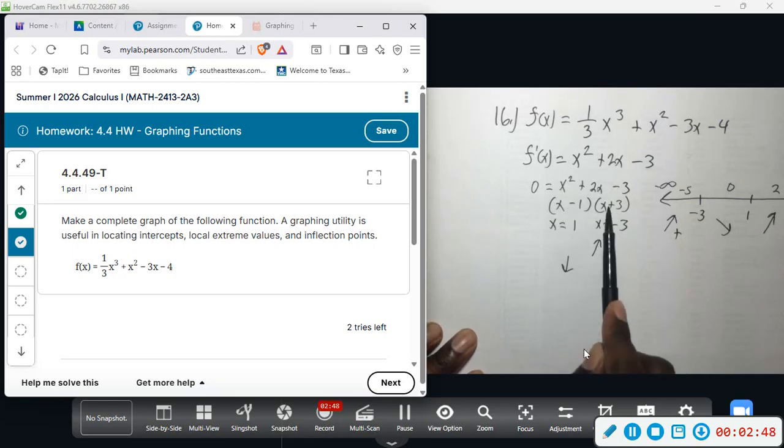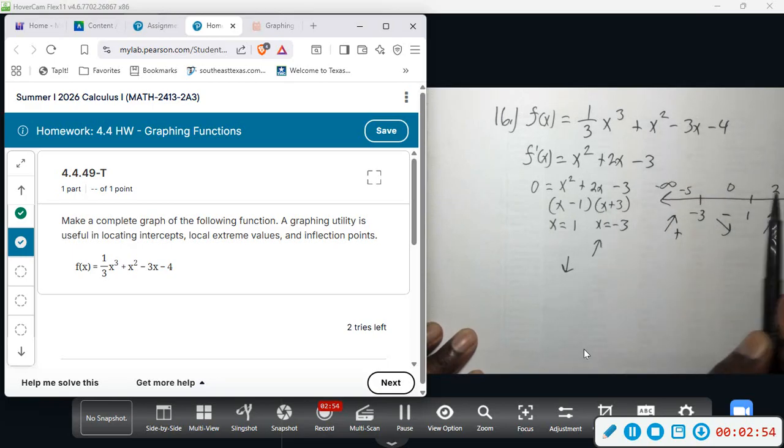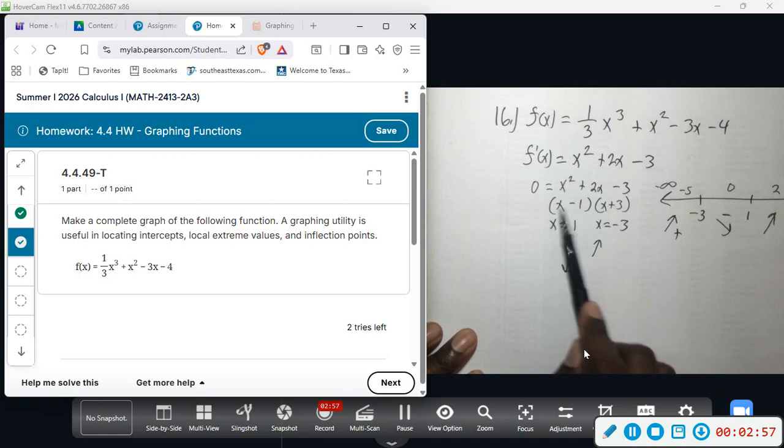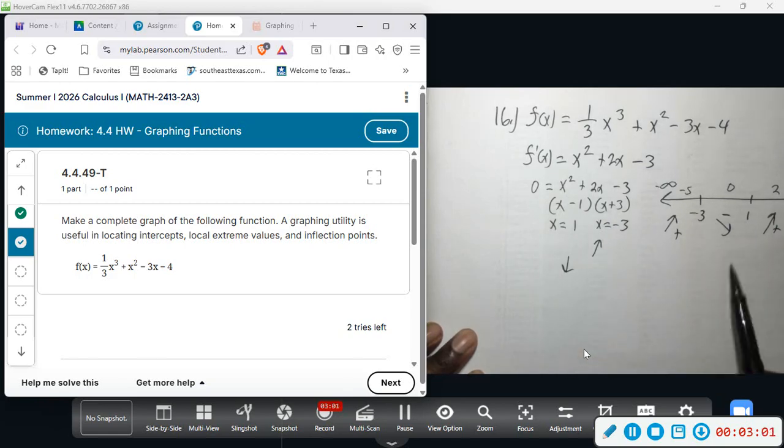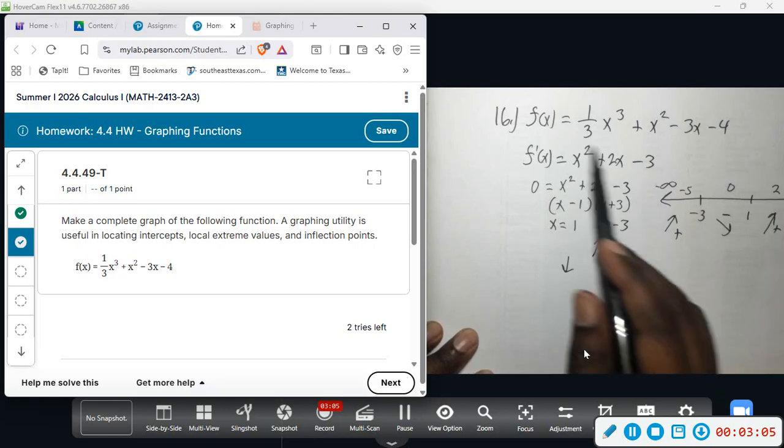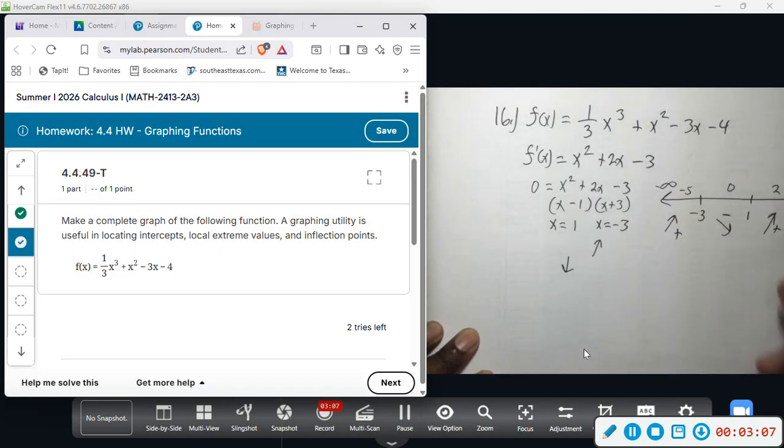Positive. Negative times a positive is negative. So going down. 2. Positive, positive, positive. So this just kind of confirms the direction. We're going to plug in these values to find out the actual value of the max and the min.